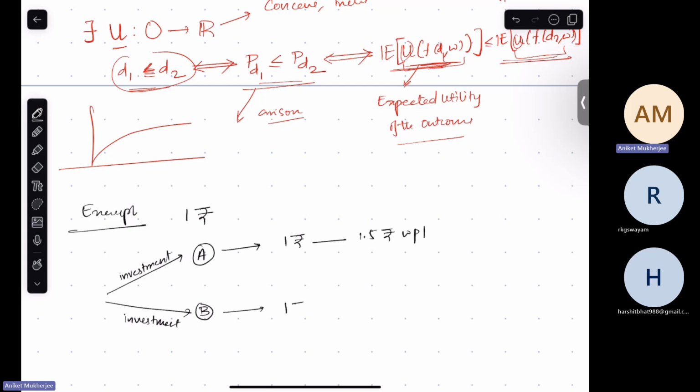Investment B: if you give 1 rupee, you will get either 3 rupees with probability 1 by 2, or you'll get 1 rupee with probability 1 by 2. So these are your outcomes.